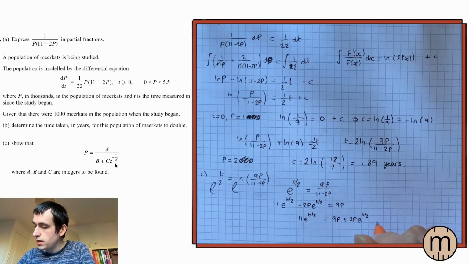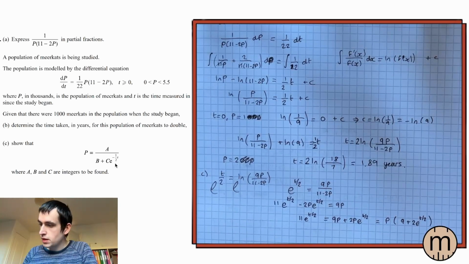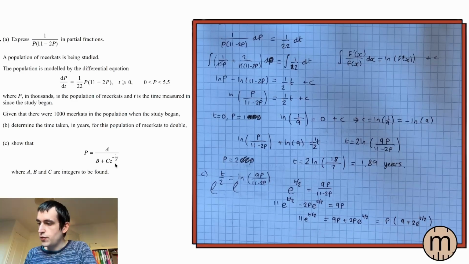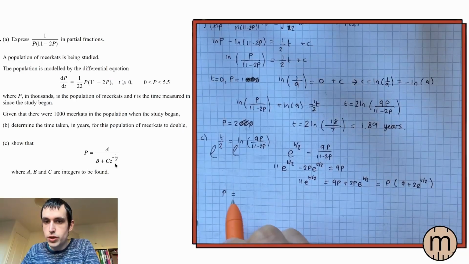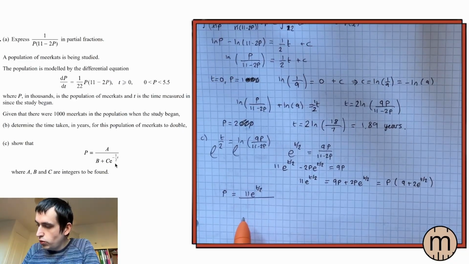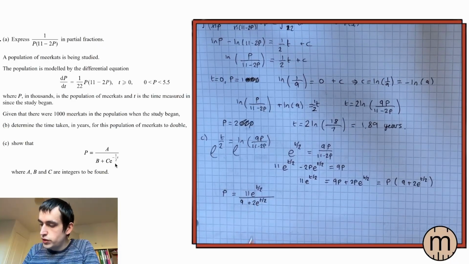Again, we still want p, so if we factorize p out, we're going to get p lots of 9 plus 2e to the t over 2, like this. And if we really want p, we can divide by this bracket, which means that we will get p being equal to 11e to the t over 2 all over 9 plus 2e to the t over 2.